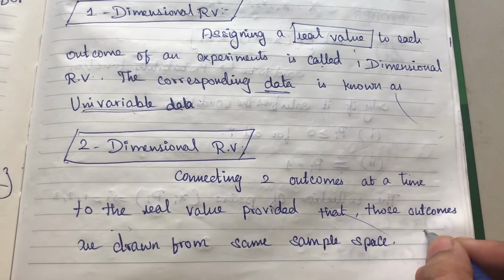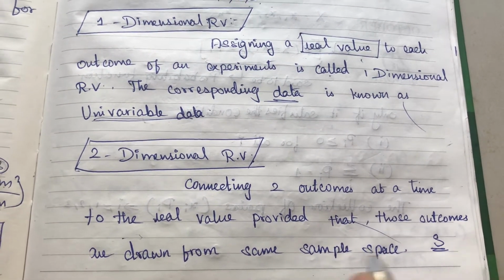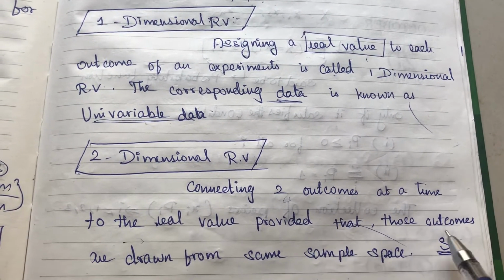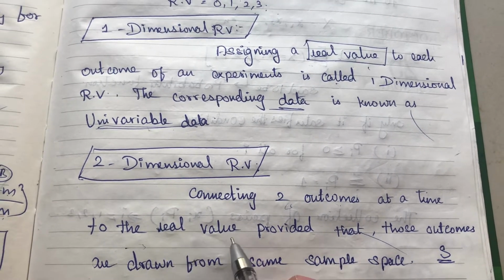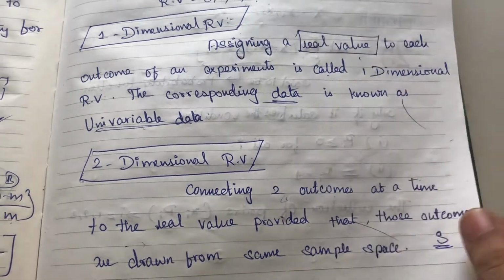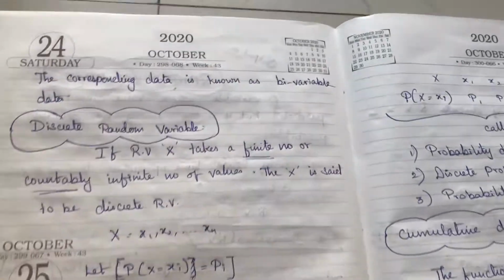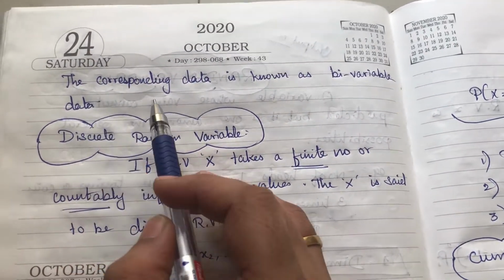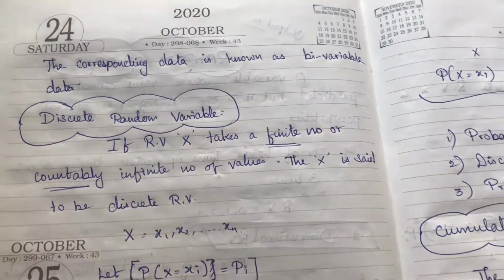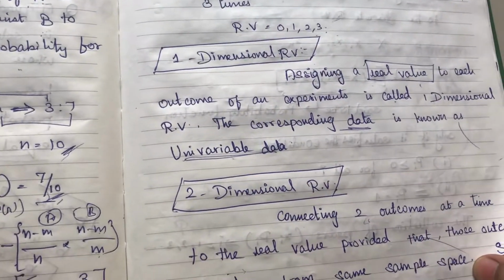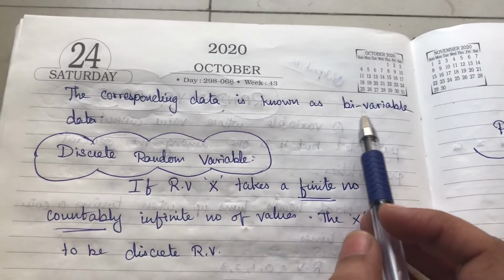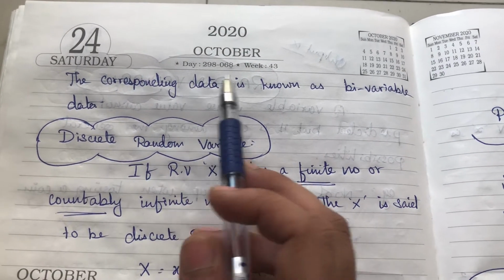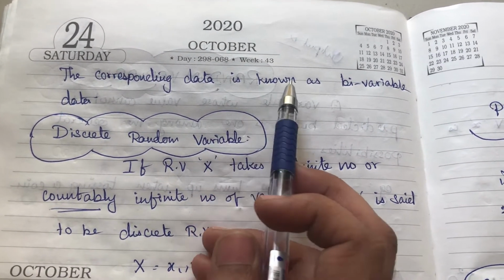It should be in the same S. So we need to connect two outcomes in the same S to the real value. So that is two-dimensional. Next, the corresponding data. We have seen the corresponding data there is univariable data. Here it is bivariable data because we are considering two outcomes.